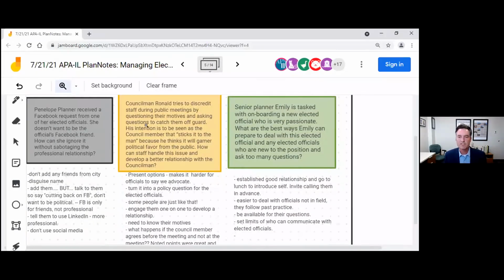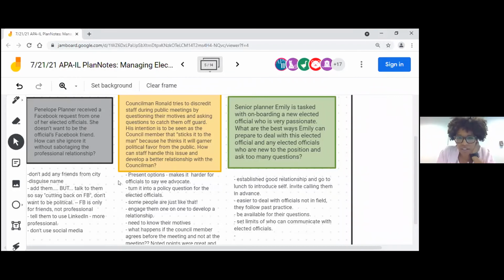How can she ignore it without sabotaging the professional relationship? What are your thoughts? Usually I would just ignore people, but this is a professional setting. So I would take that request to my boss. If I'm one of the staff planners in the department, I'm going to go talk to the director. Hey, this older person has requested to be friends and liked two of my beach pictures. That's not appropriate. What should I do?